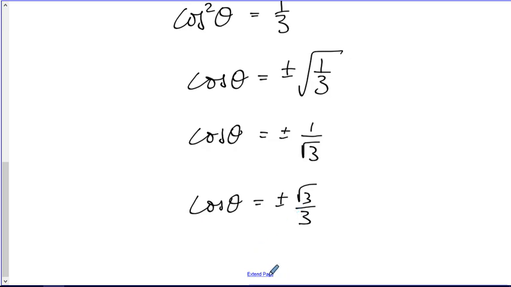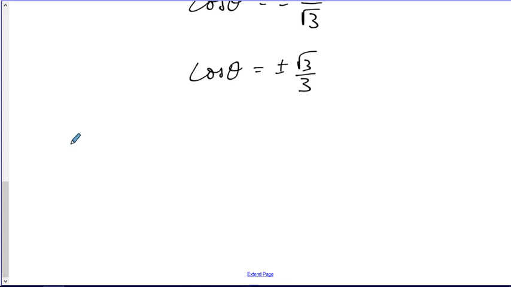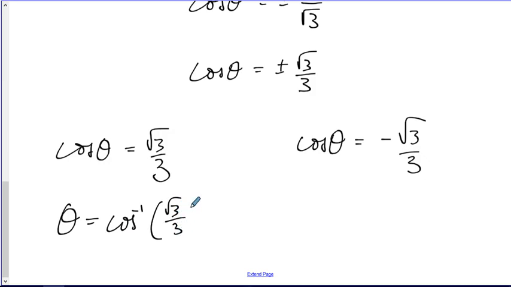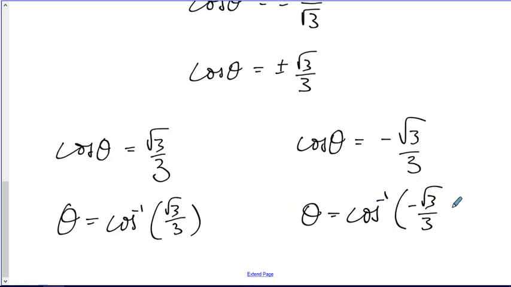We'll have to do cosine inverse. And actually there are two possibilities here, so cosine could either be root 3 over 3, or it could be negative root 3 over 3. So theta could be cosine inverse of the positive root 3 over 3, or it could be cosine inverse of negative root 3 over 3.